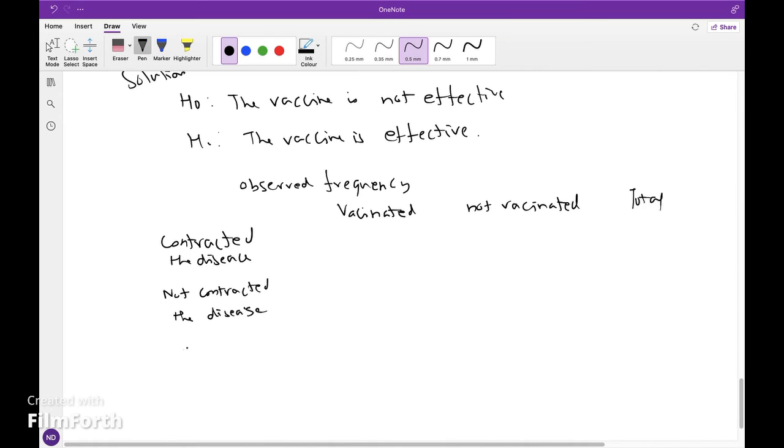Total. So contracted, vaccinated, that is 15. Not vaccinated 25. So total 40. Not contracted, vaccinated 85. Not vaccinated 75. Total 160. Here this total 100. This 100. This 200.